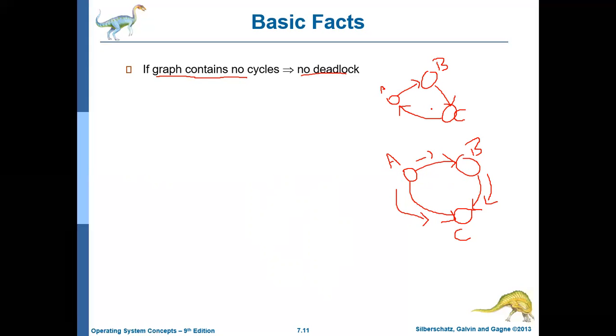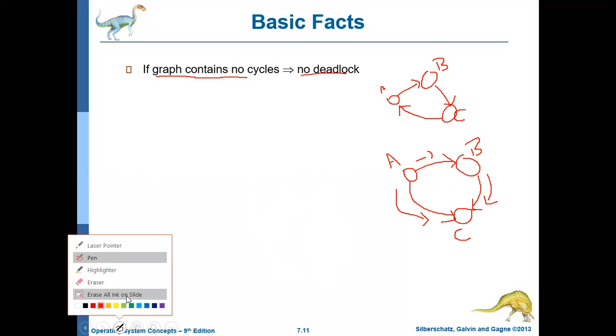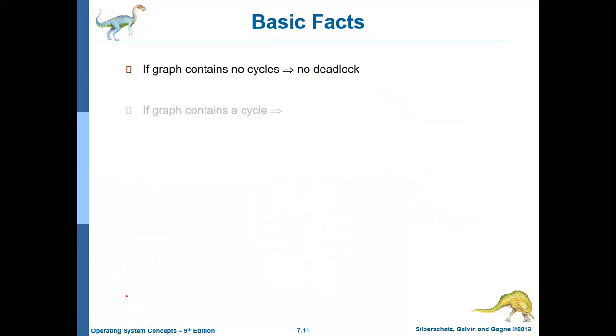So what you can infer from the resource allocation graph is, if there is no cycle in the graph, then you can confirm that there is no deadlock, or the operating system can confirm that there is no deadlock. What if there is a cycle? If the graph contains a cycle, then there are two possibilities: the system might be deadlocked or it might not be deadlocked.